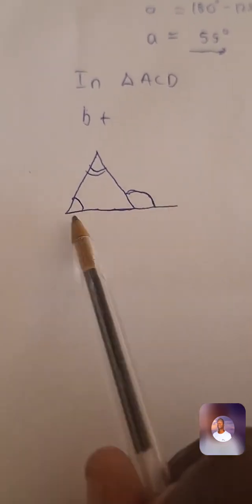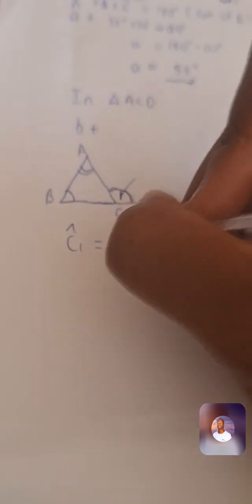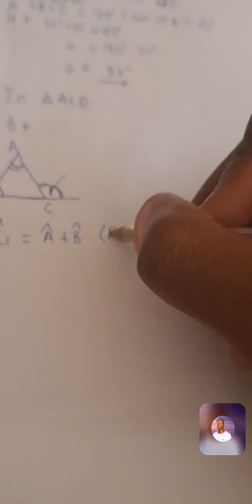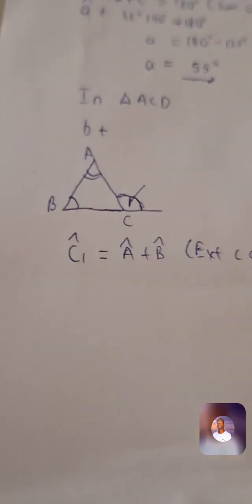But this exterior angle must always be in line with the side of the triangle you are referring to. That is the true exterior. So if we have A, B, and C, let's say this is C1, the angle that's exterior is C1, we say angle C1 is equal to angle A plus angle B. And the reason is exterior angle of a triangle.